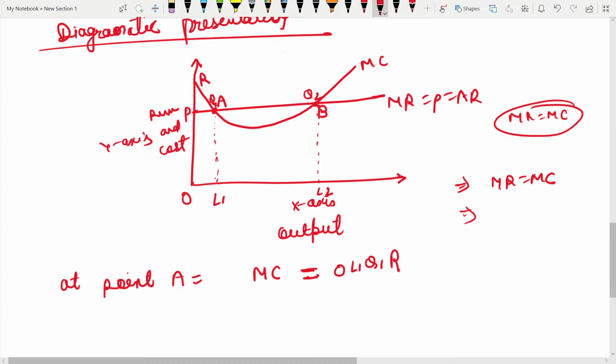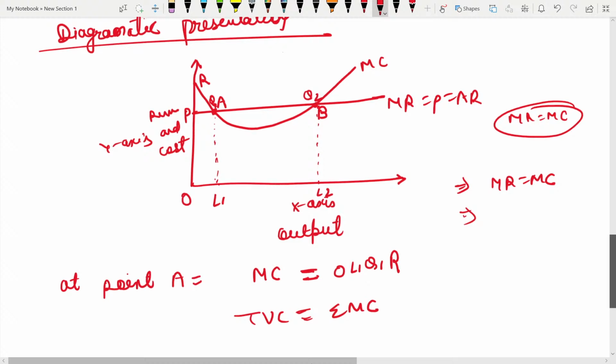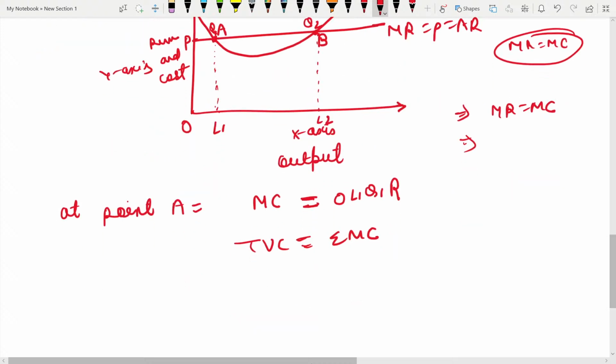And TVC is the summation of MC, so the area under MC corresponding to a given level of output will become TVC. So TVC is O L1 Q1 R.